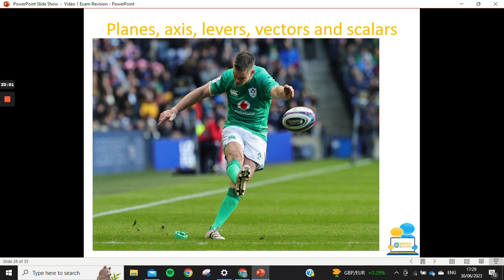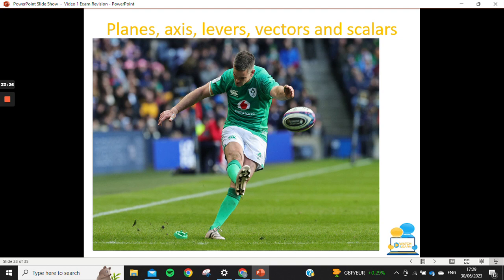Again, if we look at a rugby context and we take the rugby ball in this scenario, the rugby ball will accelerate relative to the force applied and in the direction of the force. So again, the force applied by the foot of the kicker and in the direction that the foot is kicking the ball.